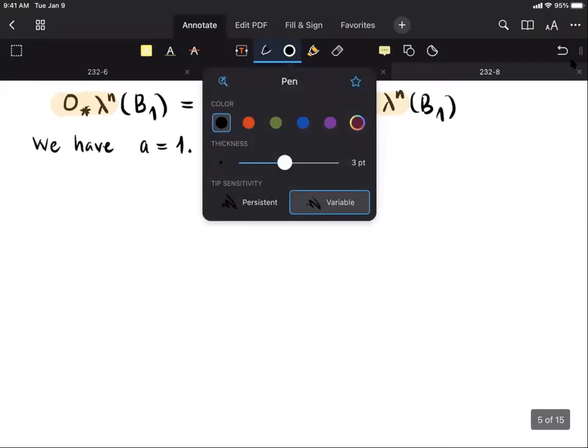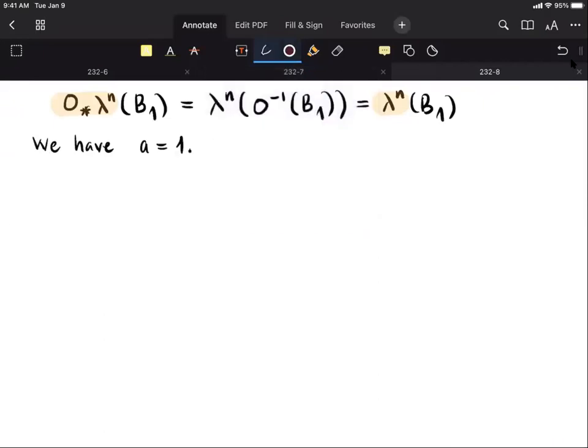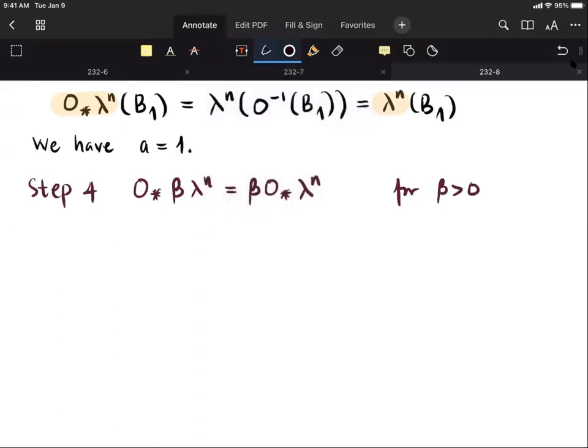Okay, so now for the fourth step, how about scaling? So if I have a beta which is greater than 0, then this means that I can pull out the constant in the image measure. Well, the proof is quite easy.